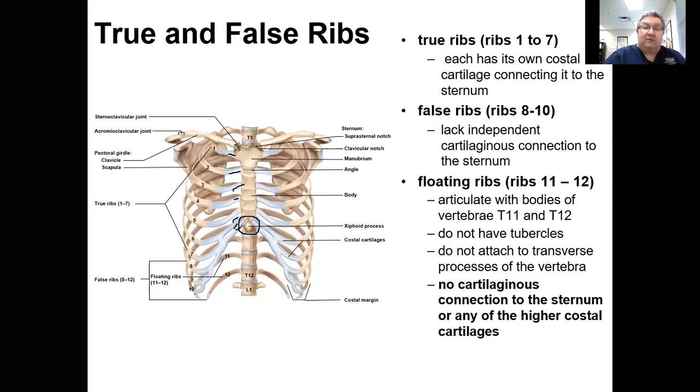The false ribs 8, 9, and 10 share one connection to the sternum. And the floating ribs, ribs 11 and 12, have no connection to the sternum and are only connected to thoracic vertebrae 11 and 12. Okay, so that is what you're going to need to know about the ribs.